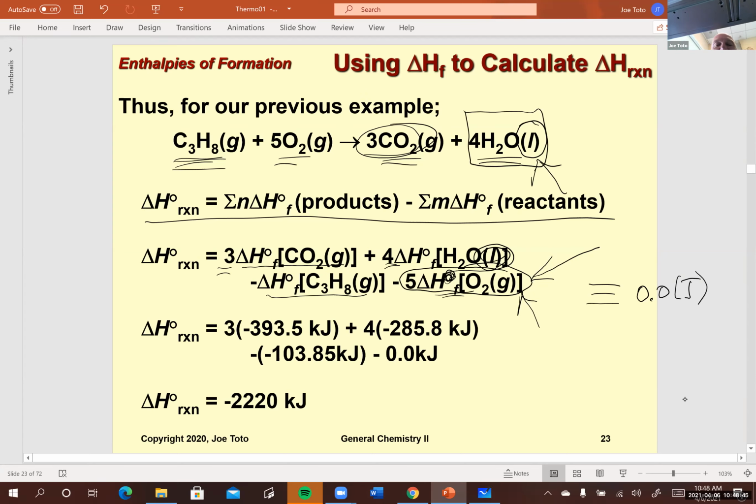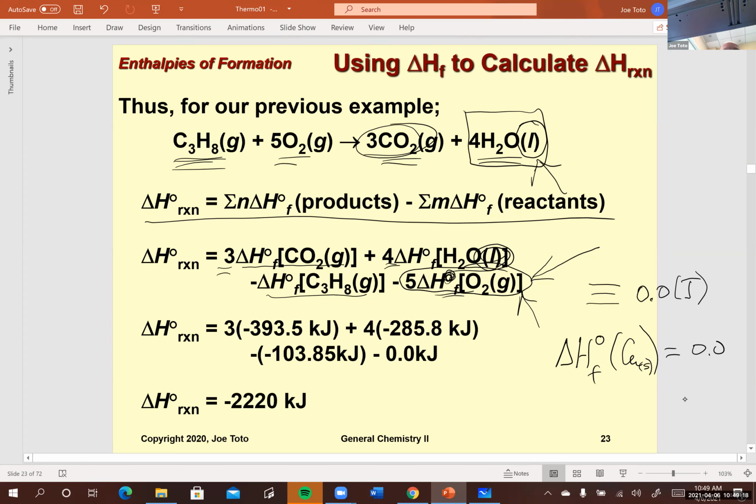Any element in its standard form in standard conditions, right? How about the delta H of formation under standard conditions of copper metal? Anybody know what that is? Would it also be 0? Yes.